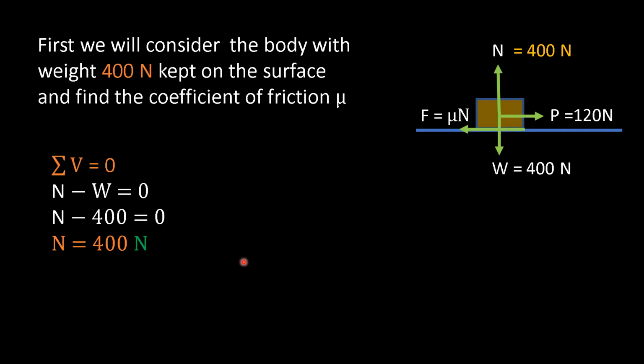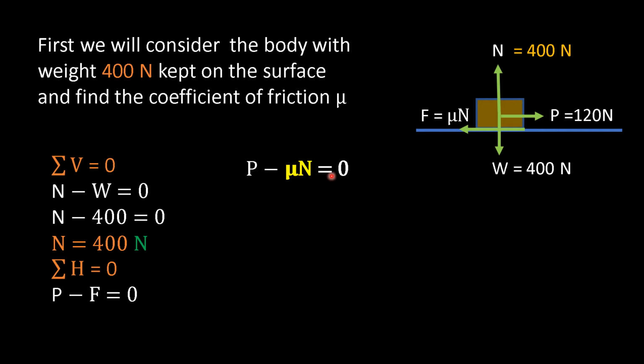In equilibrium, we also have sum of horizontal forces equals 0. P minus F equals 0. P is positive because it is rightwards. F is negative because it is leftwards.